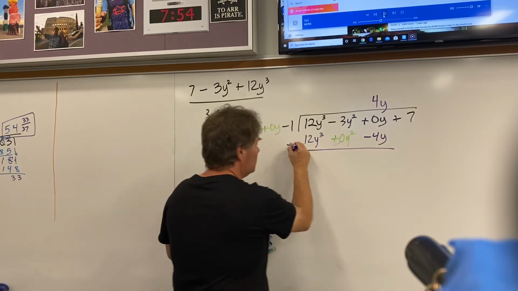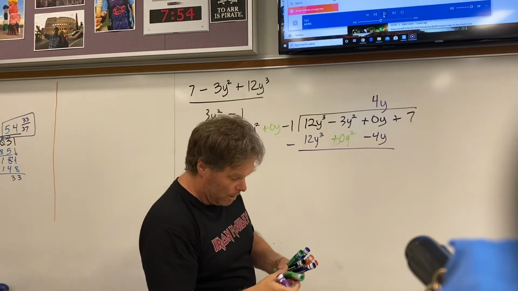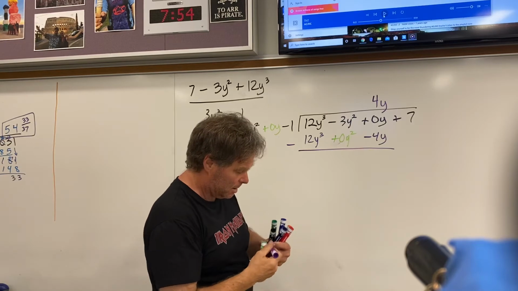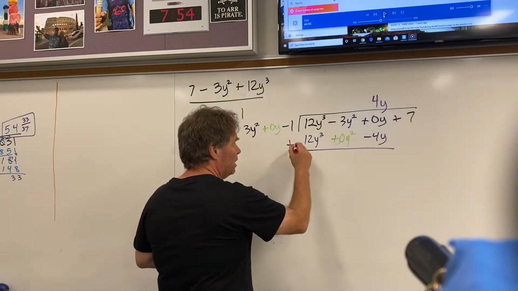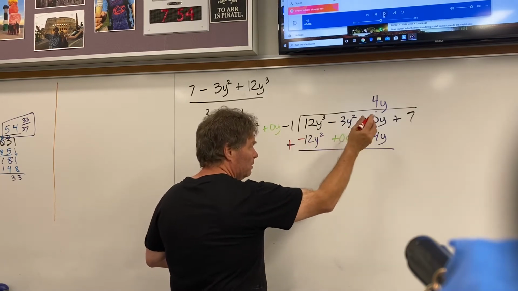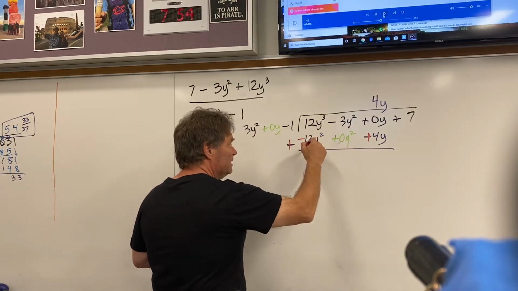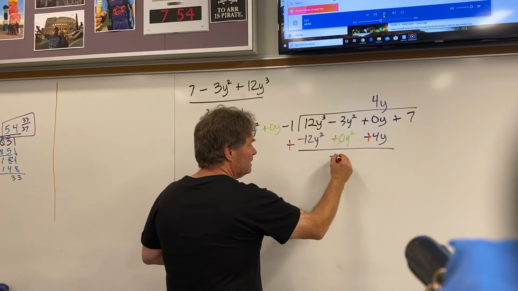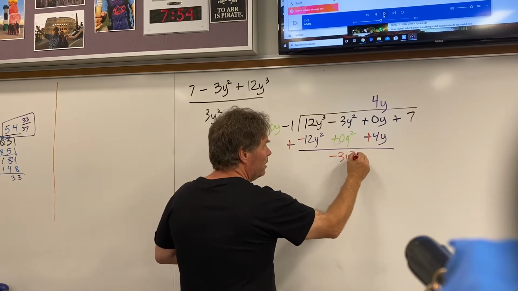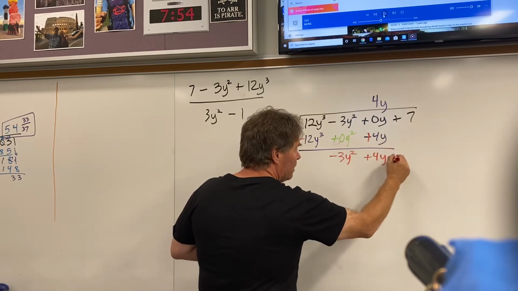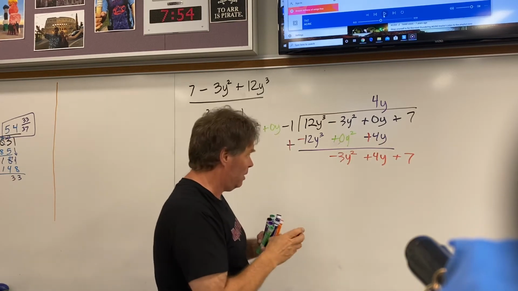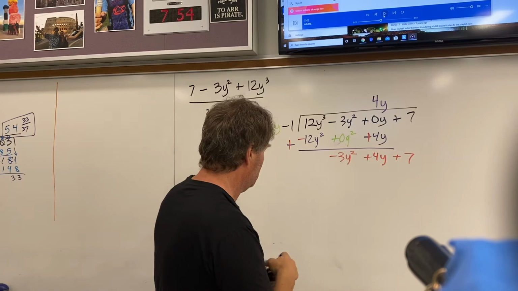I want to subtract that, but remember how tricky I am? I'm not going to subtract. I'm going to add the opposite. I'm going to make this plus, minus, who cares with 0? It doesn't matter. Plus, this and this is 0. This and this is negative 3y squared. This and this is plus 4y. Bring down the 7.